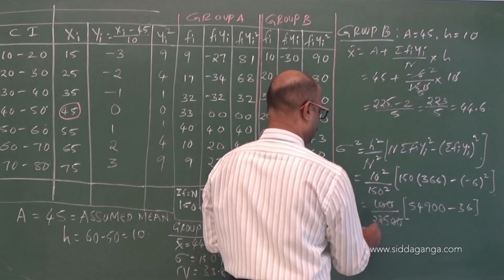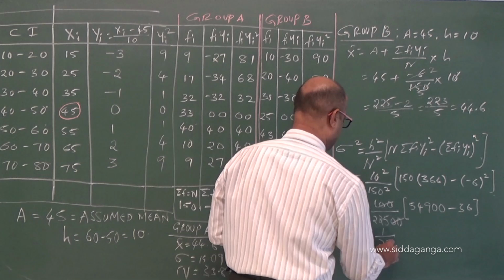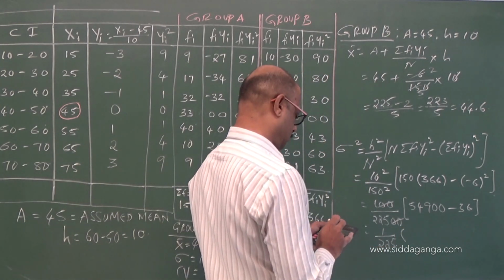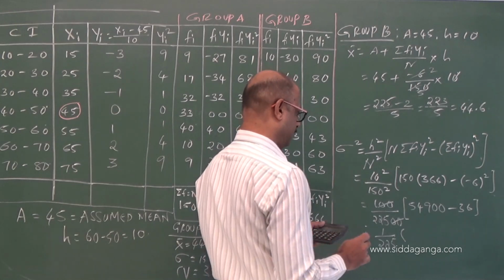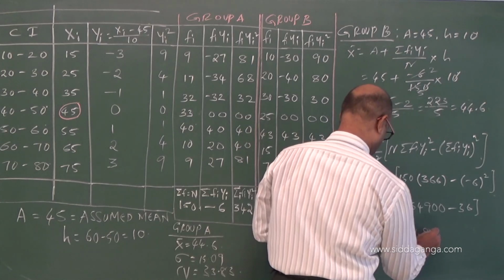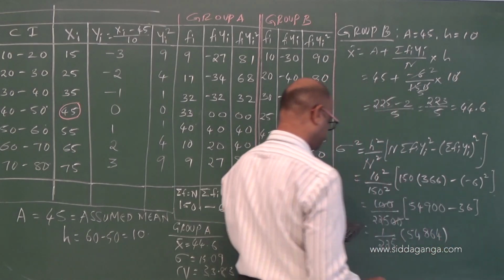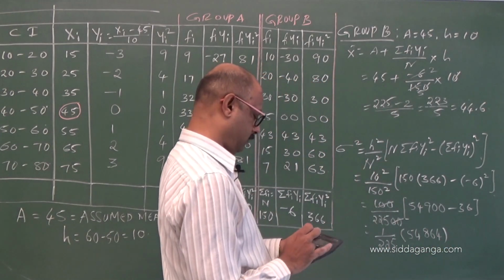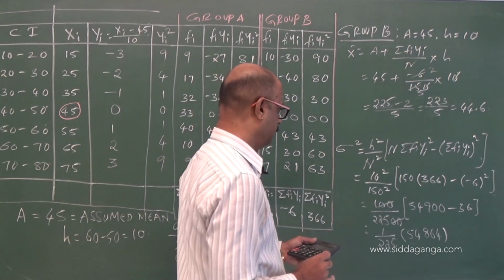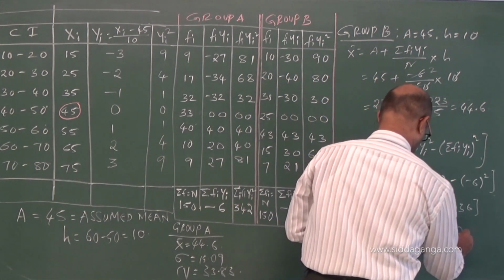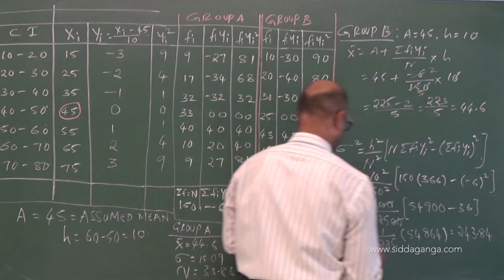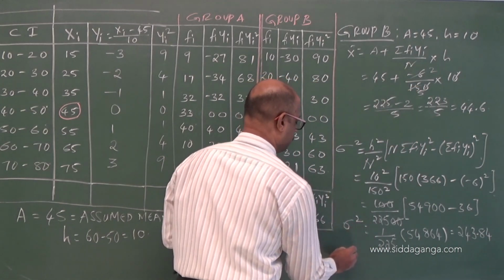So here the 00 get cancelled, 1 divided by 225. Minus 36, you will get 54,864. This is divided by 225, which is equal to 243.84. This is the variance, sigma square.